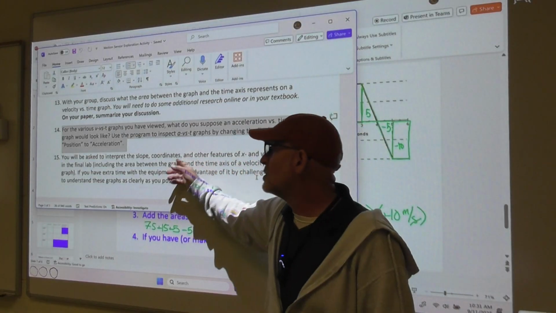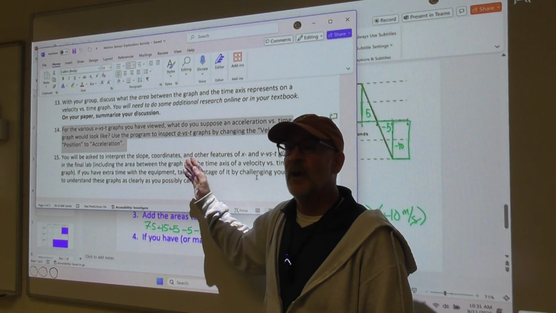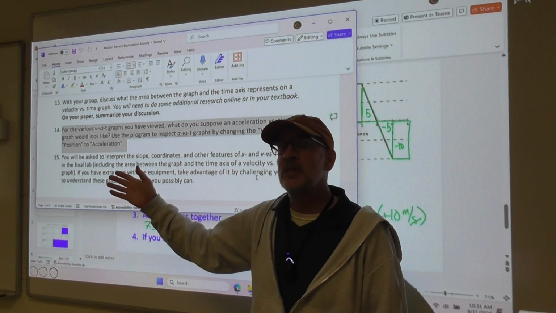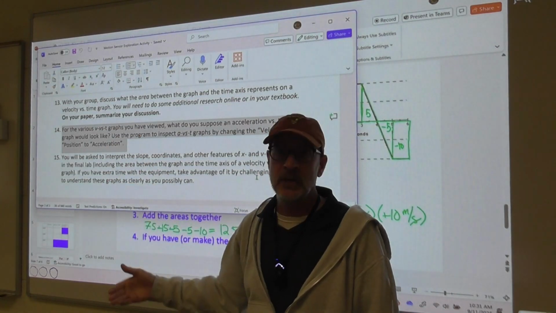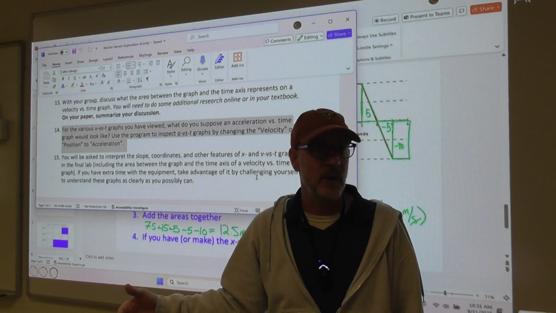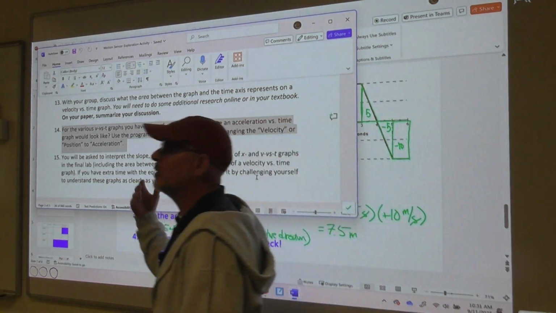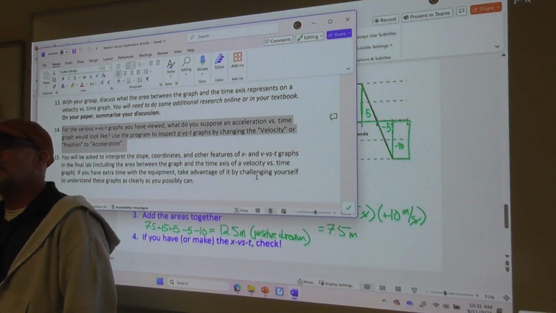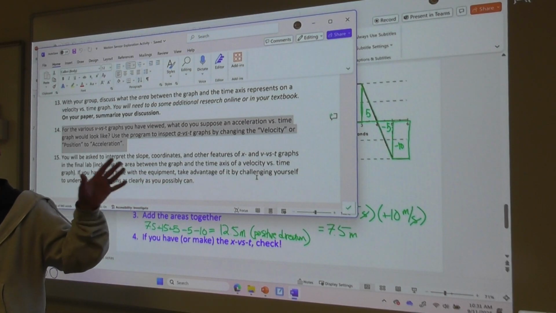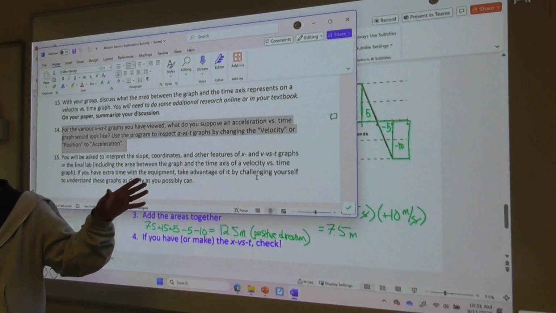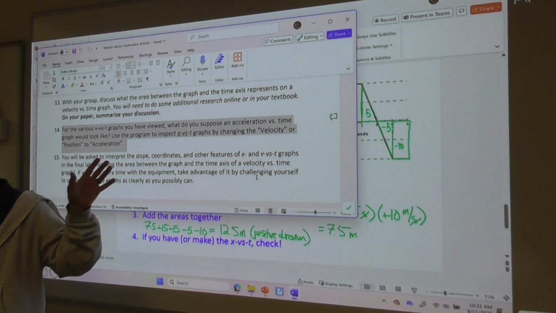And then you can do some practice. You can practice finding slopes. You can make a position versus time graph, use that, and try to construct the resulting velocity versus time graph, and then see if it matches up. And you can find displacements from a velocity versus time graph. So you're not limited to what I have here. I want you to be challenging yourself and thinking about what else you can do and what else you can learn, right?